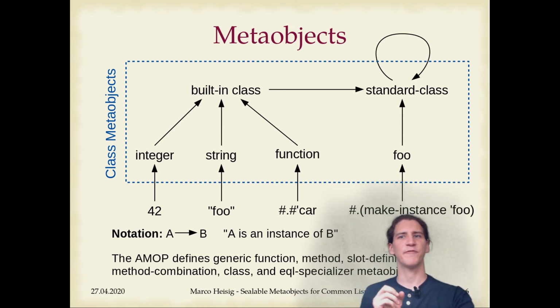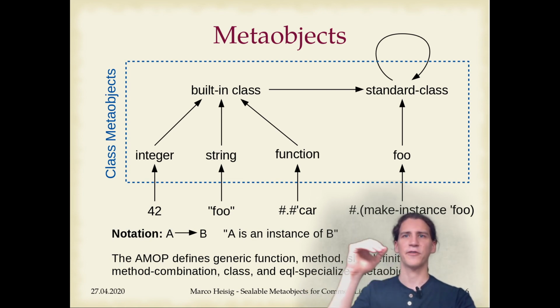And we can go even further. We can ask what is the class of the class integer and end up with the class built-in class, or we can ask what is the class of the user-defined class foo, ending up with standard class. And we can go further and further up the hierarchy, and this only ever terminates because the standard class is an instance of itself.